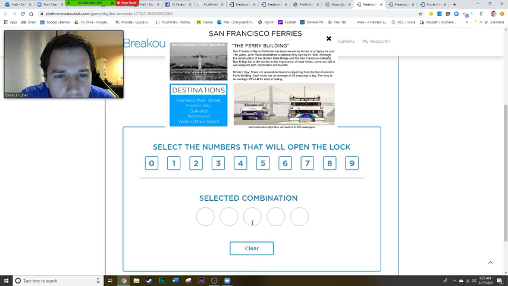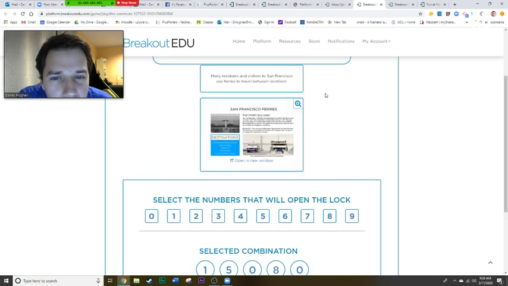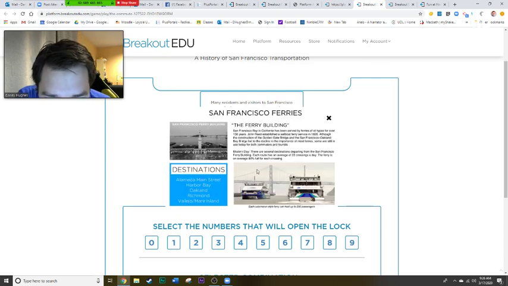150 years. What did I just do? 150 and 22. Let's do 150 and 80. What? Many residents and visitors to San Francisco use ferries to travel between locations, is what they say. 22 crossings a day, 80% full.